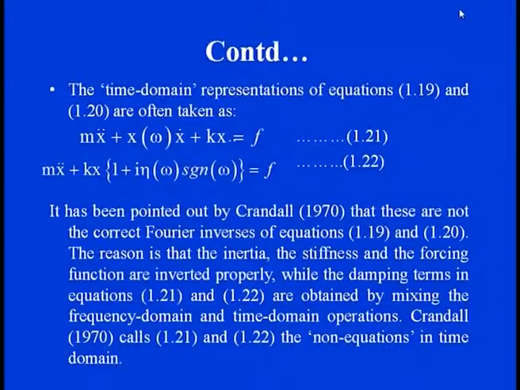So here we can say that this damping, which comes as a function of velocity, is a linear proportion with the dashpot forces or the damping forces, plus kx equals F. Or even if we would like to add the loss factor in these equations, then we have the inertia force m x double dot plus kx into 1 plus i eta, sign omega, equals F.